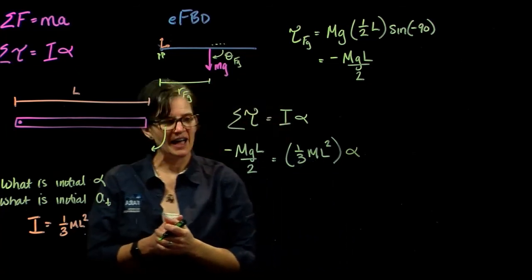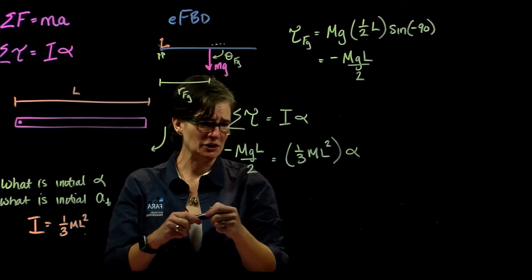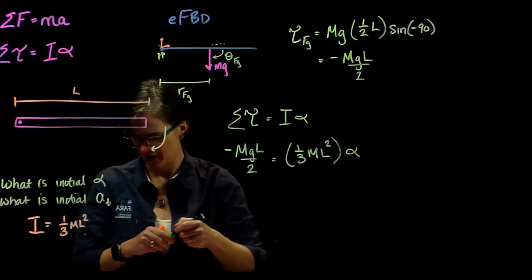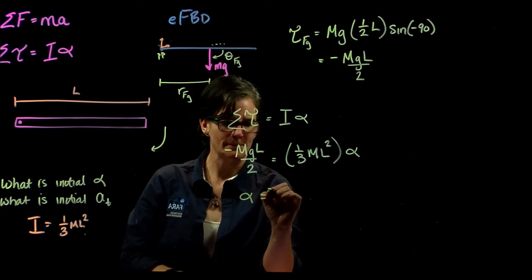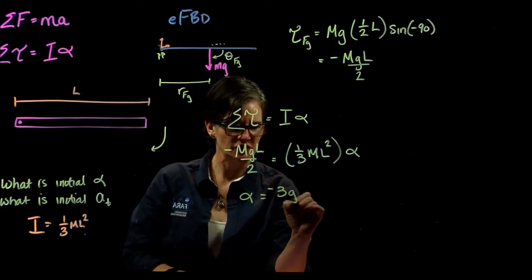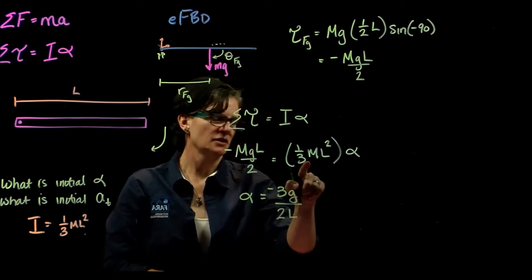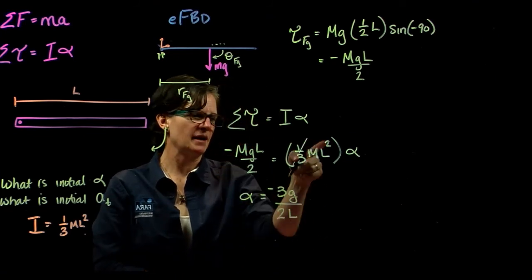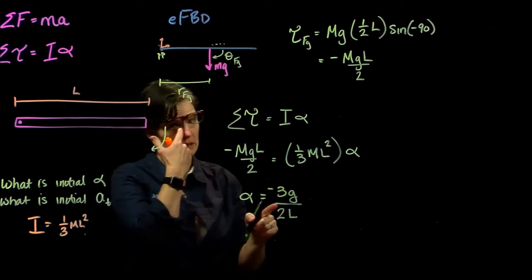So we find then, if we do a little equation manipulation, solving for our value, we find that the angular acceleration is equal to minus 3g over 2L. So multiply both sides by 3. My m's go away, divide by L squared. I have an L in the bottom.